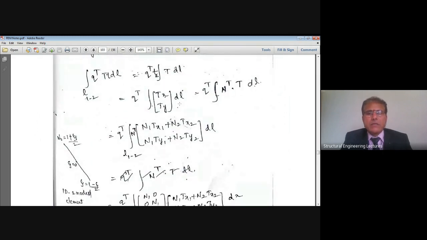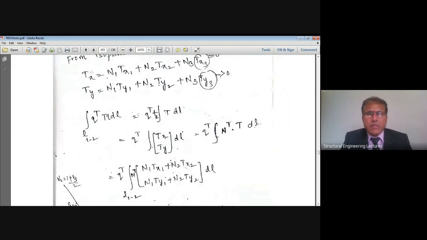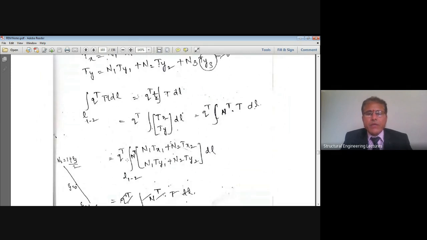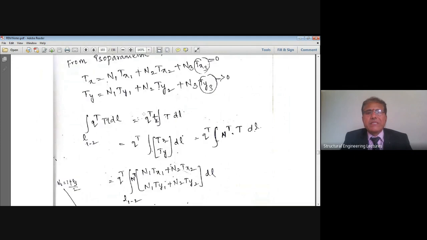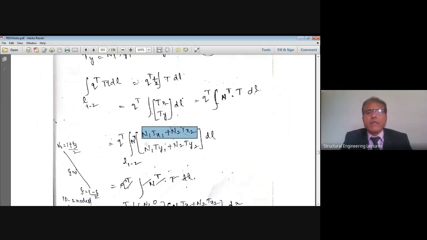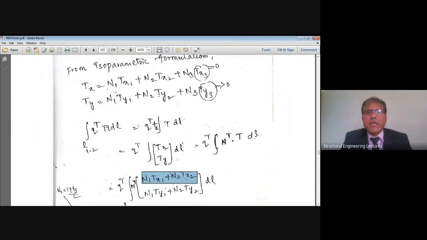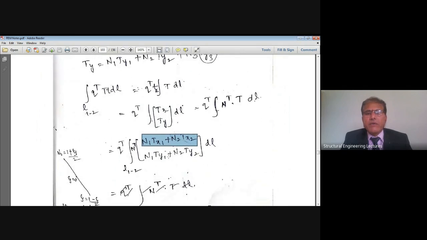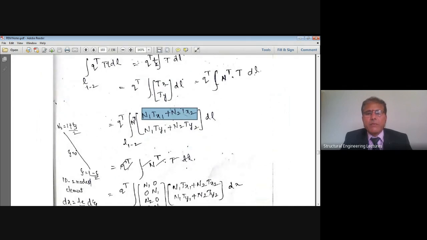Then R, that is nothing but the same, these two relationships, right? Q transpose multiplied by N transpose multiplied by this tx is nothing but n1 multiplied by tx1 plus n2 multiplied by tx2. Similarly, this ty is n1 ty1 plus n2 ty2 that operate upon N transpose.